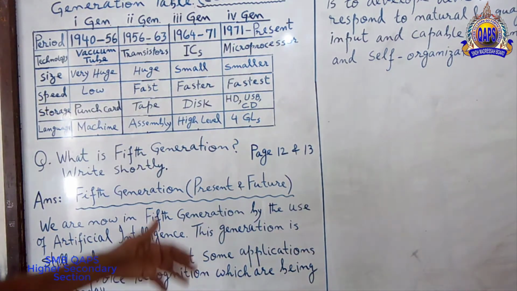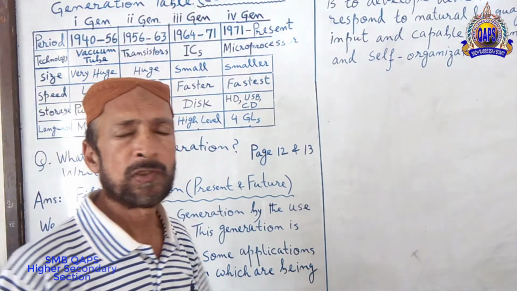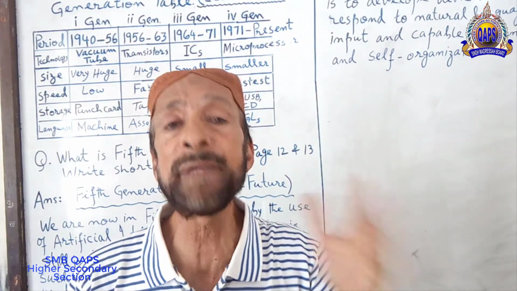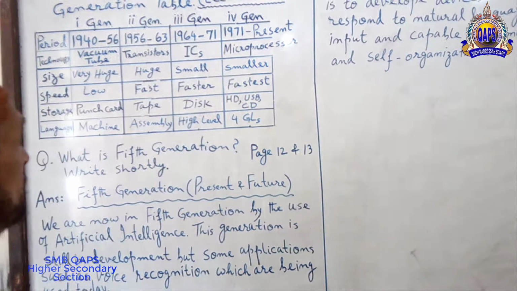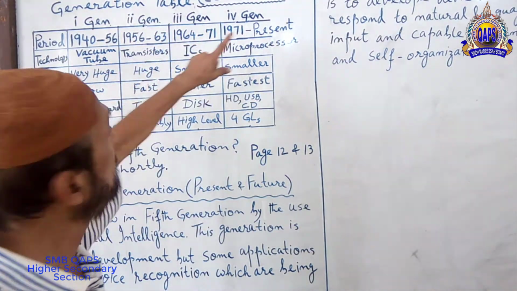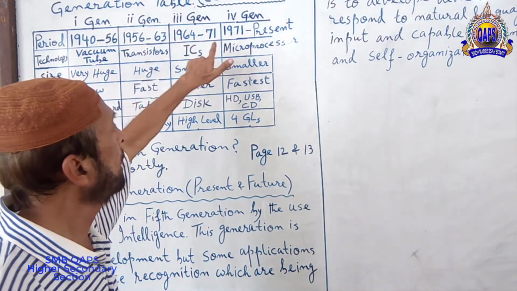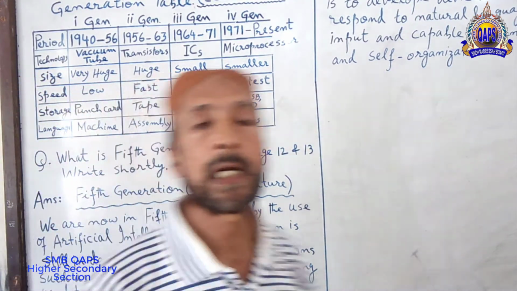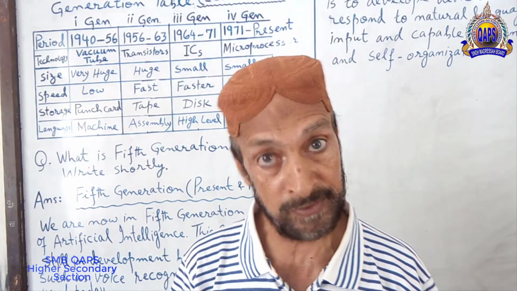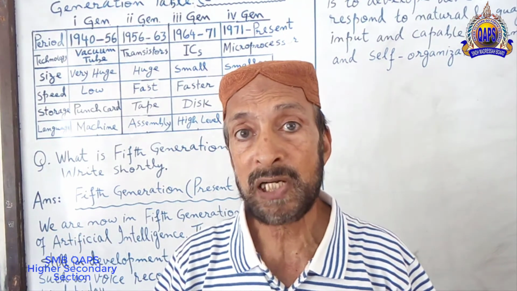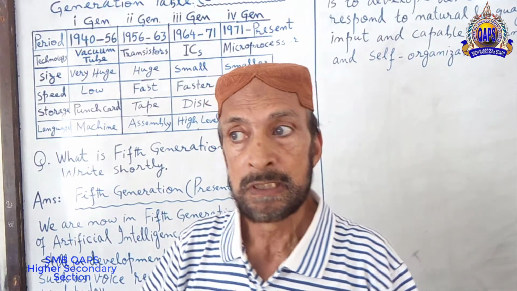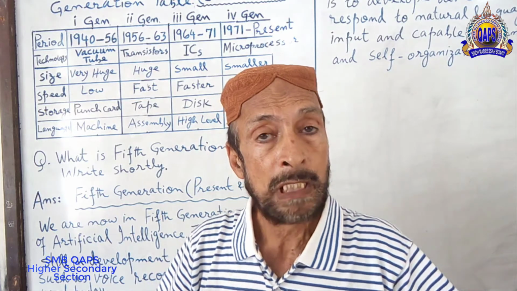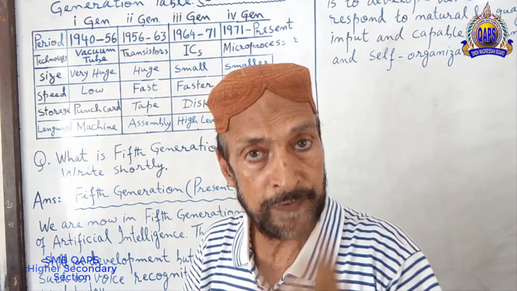And now, third generation, which I told you was the real beginning of the computers. Time 1964 to 1971. Technology, integrated circuits. Due to the integrated circuits, the speed was very fast and capacity was very high.